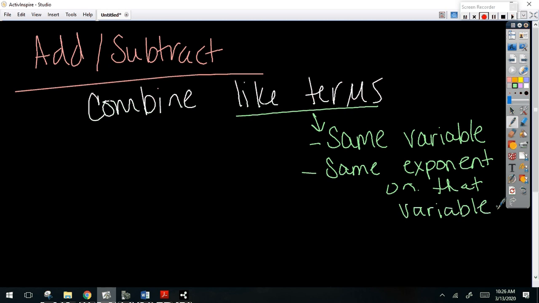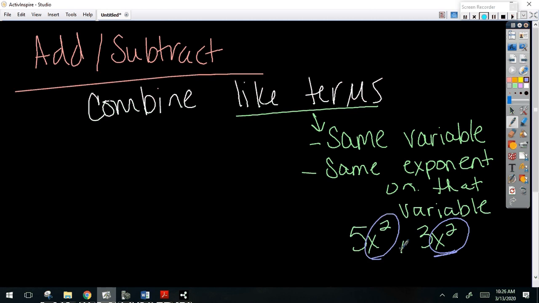So, for instance, give me an example of like terms. 5x squared, 3x squared. Here's one. 5x squared and 3x squared are like terms because of the x squareds that are hooked to them.